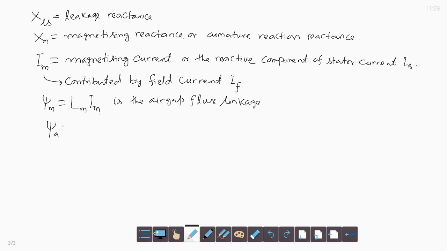Psi a is Ls into Is, the reaction flux linkage, or you can say armature reaction flux linkage. The stator carries current Is, has inductance, so the corresponding flux linkage is Ls into Is, and psi s is the stator flux linkage.